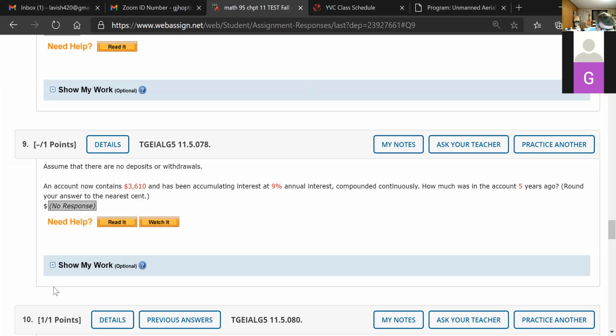P, the starting amount is, aha, the starting amount we don't have. They give us the ending amount because it says it now contains $3,610. The interest rate is 9% or 0.09, and time is 5 years.